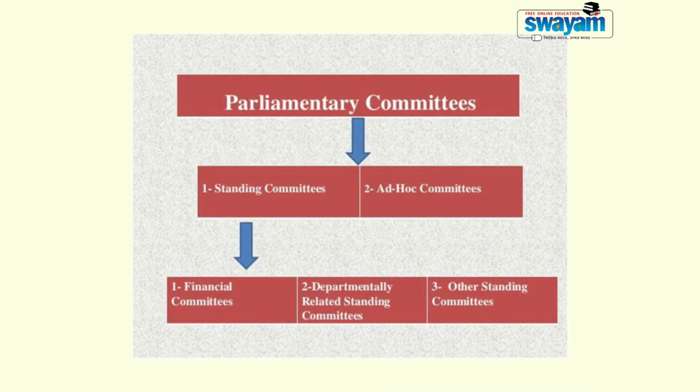That is the ad hoc committee, and second is the standing committee. Standing committees are again of three kinds: the financial committees, the departmentally related parliamentary standing committees, and the other standing committees. Whatever recommendations are given by the parliamentary committees are generally accepted by the government.